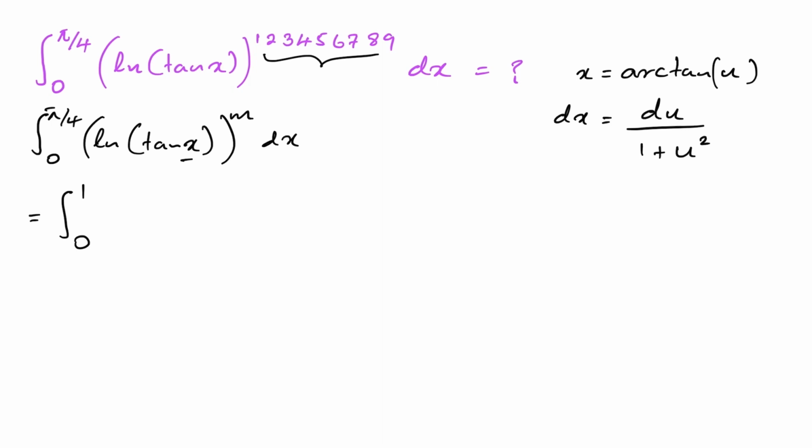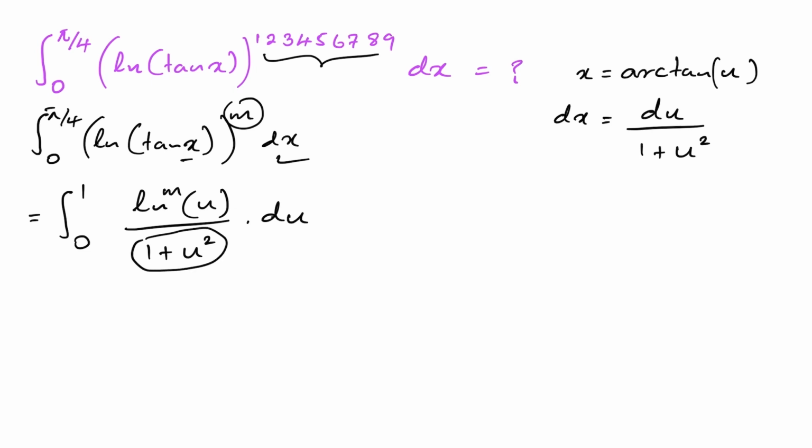Then natural log of tan of x: if we take tan on both sides, tan of x is equal to u. So we have natural log of u raised to the m power. Here dx is du over 1 plus u squared. Then 1 over 1 plus u squared we can represent as an infinite series by using sigma notation.